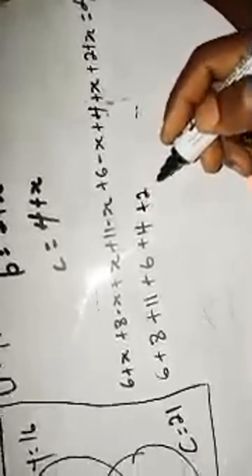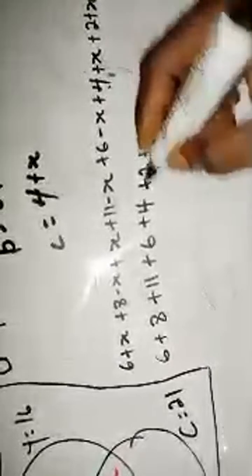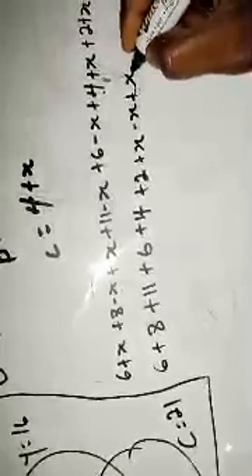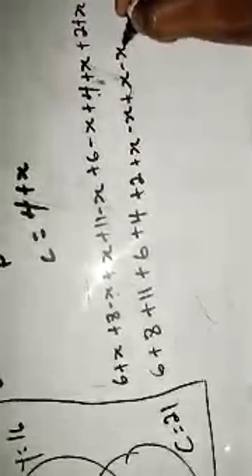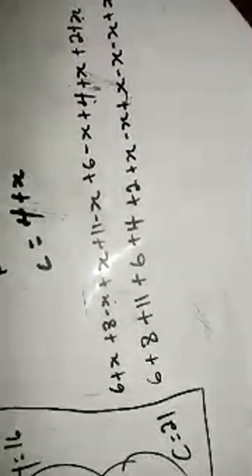Now let's deal with the variables. We have a plus x, and then minus x, and then plus x, so what follows? Minus x, minus this x here, plus x, and then plus this x. Everything is equal to 40.